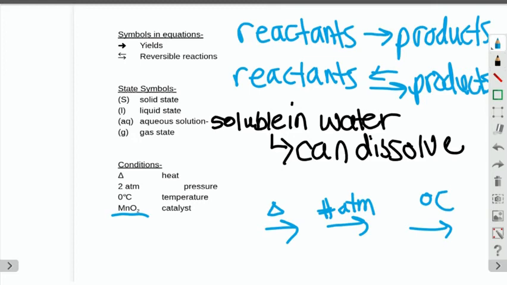These are all different conditions you can add to a reaction to speed up the rate of the reaction.